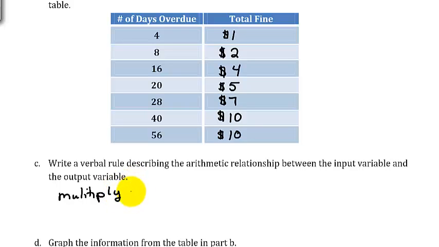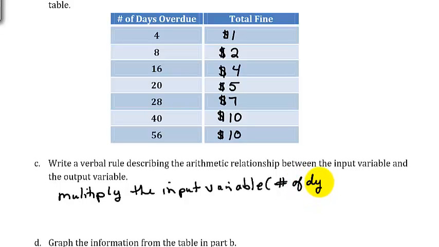So multiply the input variable, number of days overdue, by 0.25.